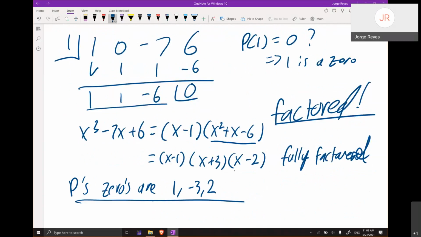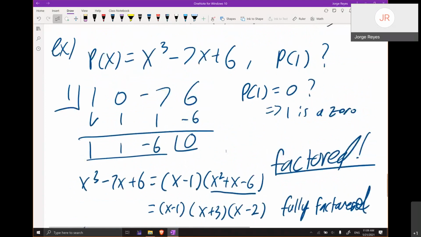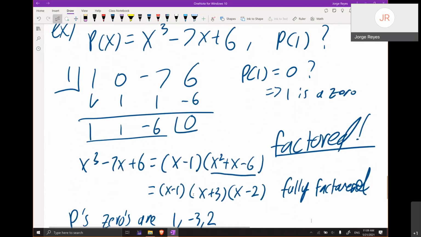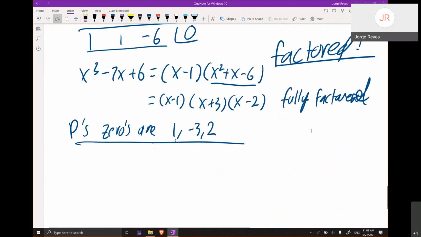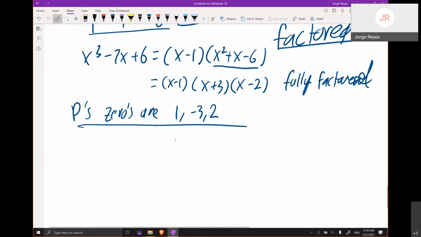Which before, right now, you would have no idea how to find these zeros. But with the power of synthetic division, you've been able to fully factor it. Okay, so this useful factoid is called the factor theorem.